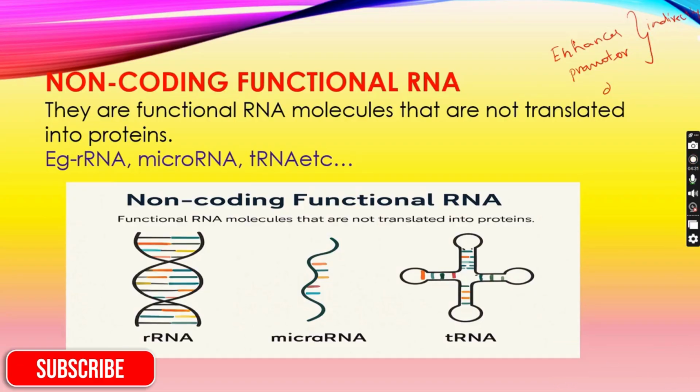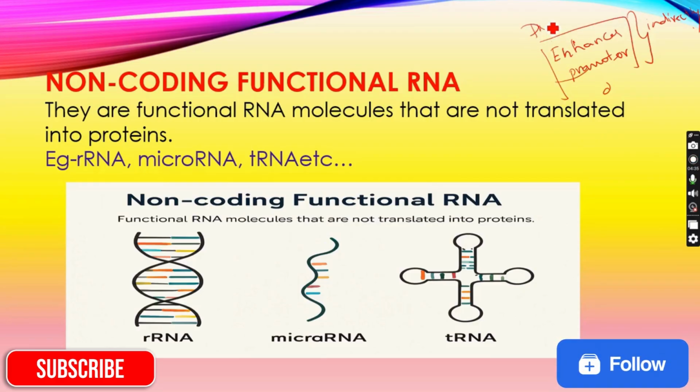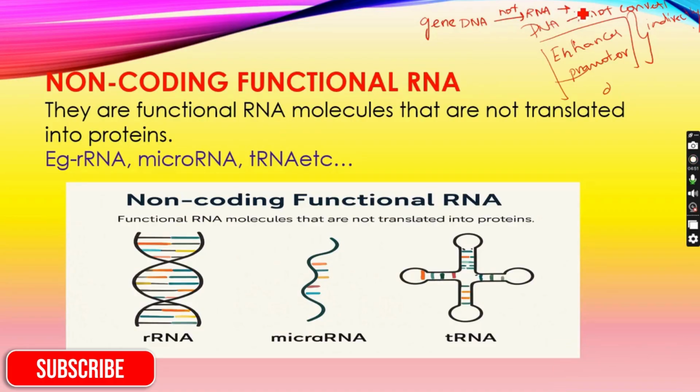It can be present in the DNA, but it is not converted into RNA. Certain regions present in the DNA but not converted into RNA for protein synthesis are known as introns.